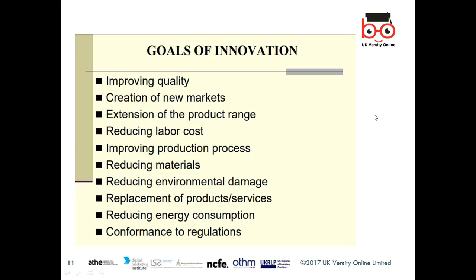So, extension of product range. China is moving from normal consumer goods to industrial goods as well, reducing the labor cost, always looking at robots, improving production processes.